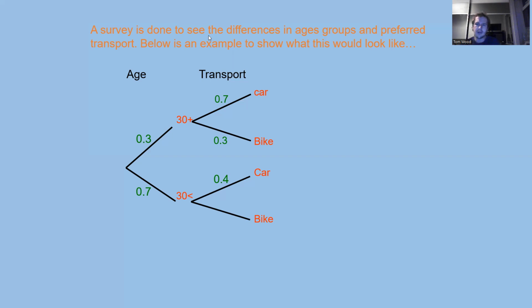It's that nice quick conversion in your head of knowing 0.4 is 40%. Doesn't matter what context you put it in, that is what it is. So we know that 40% of the people like to travel by car, therefore the remaining 60% like to travel by bike.